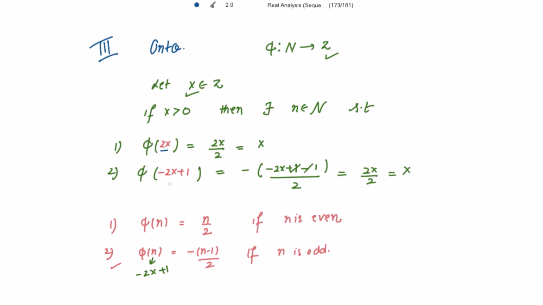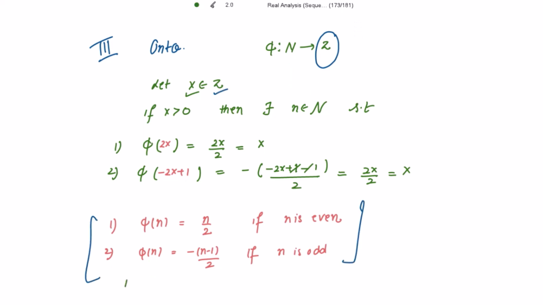So these are the two natural numbers for which I am getting x. But x was arbitrary. So for every x belonging to the set of integers, we are getting its pre-image in the set of natural numbers. For every element this is happening, right? Because we have taken x to be any arbitrary element.